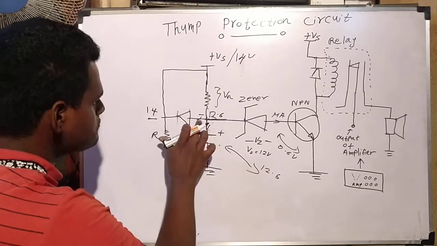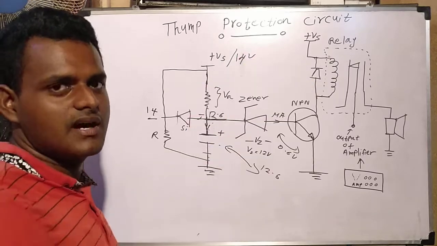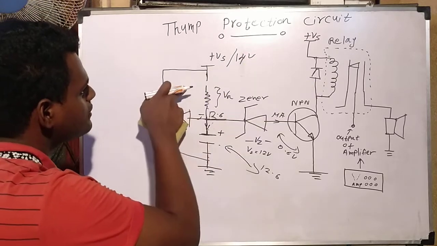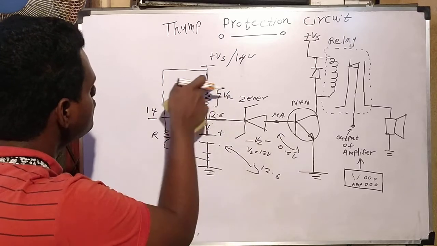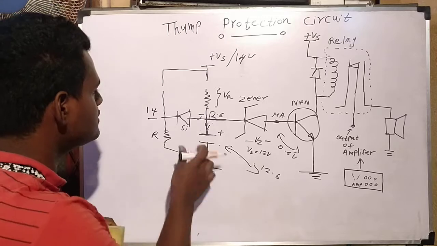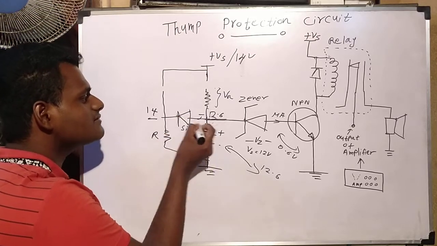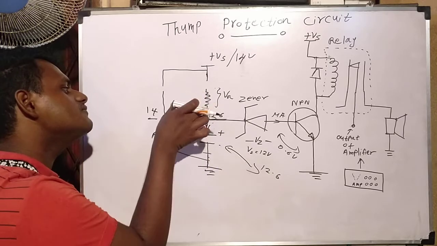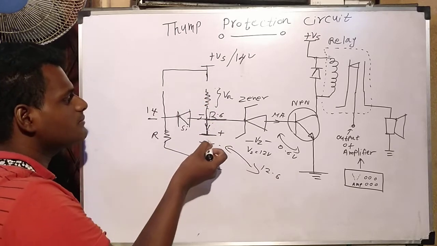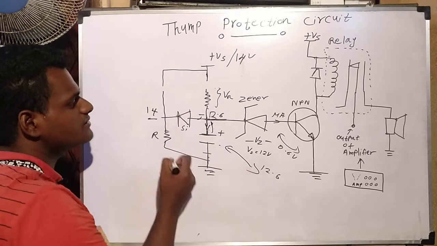So this method is perfect. Now in the other case, if the power is shut down, this voltage and this point are lost. The capacitor is charged up to 12.6 volts, so this diode conducts because it is forward biased. No problem, the current is pulled up to here and goes through this circuit.